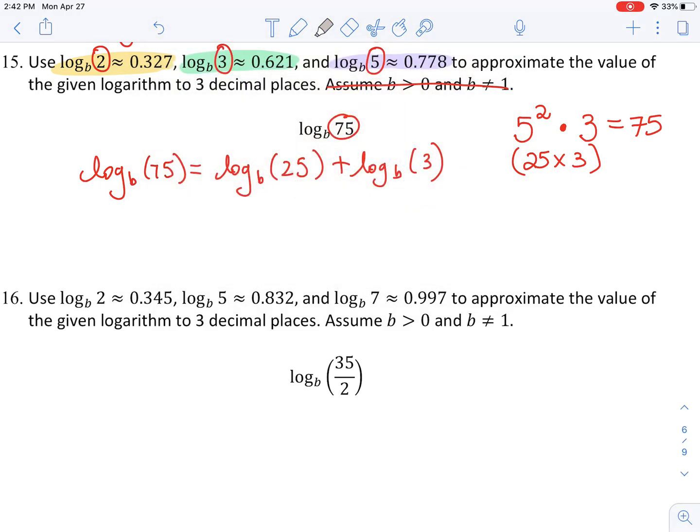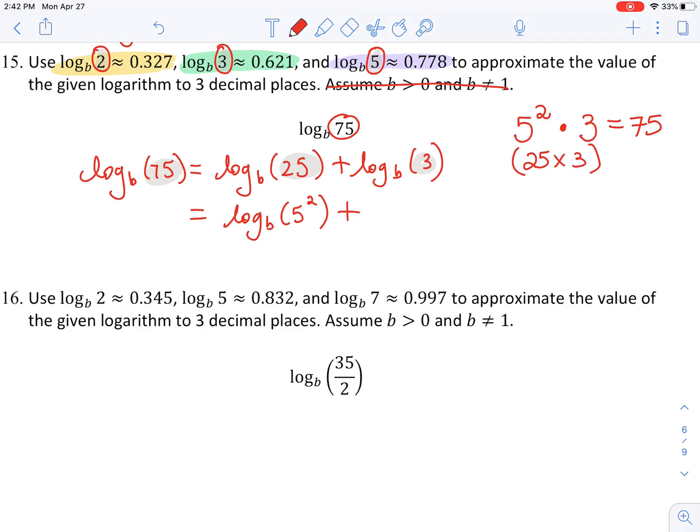So if you multiply 25 and 3, you get what number? 75. So I'm breaking this 75 into smaller pieces. And why do I want to go to smaller pieces? Because I know what these smaller pieces are. So I'm rewriting this 75 as the smaller pieces that I know of. Okay, the next one, I'm going to go ahead and rewrite this log base b of 25 as 5 squared.